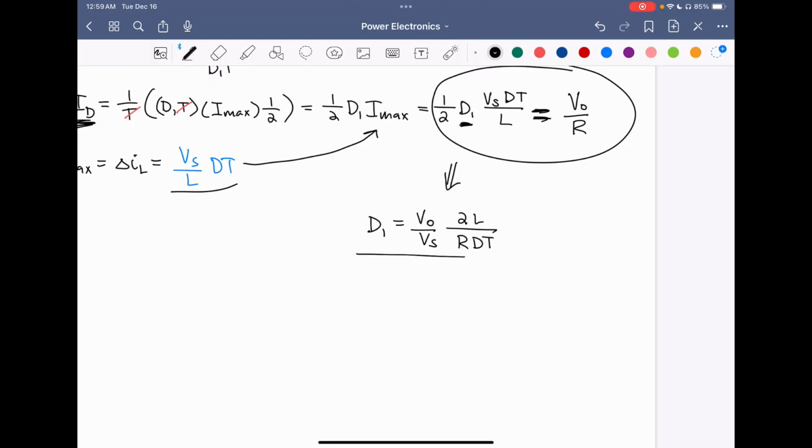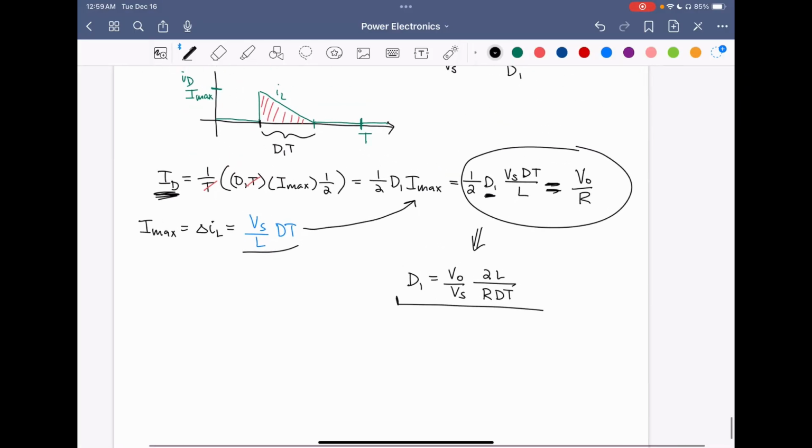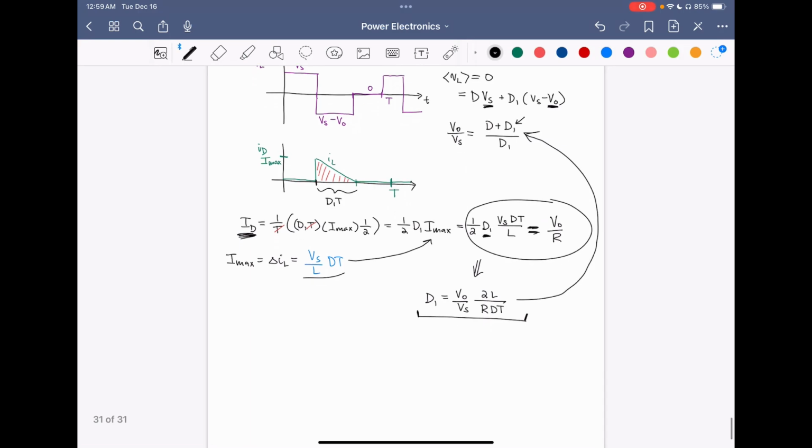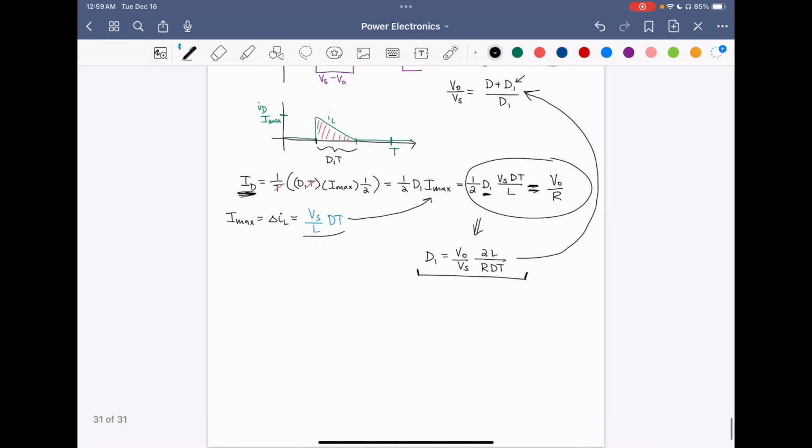So now, using this expression for D1, we can plug this into our voltage conversion ratio equation, and we'll get a quadratic equation: Vo over Vs squared minus Vo over Vs minus D squared RT over 2L is equal to 0.